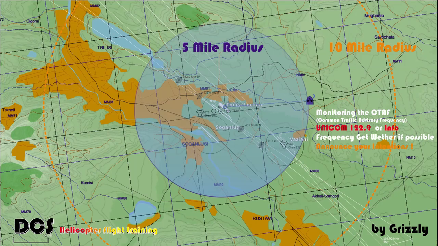10 miles away from the airport, we have to monitor the CTAF frequency, Common Traffic Advisory Frequency. That's the frequency available on uncontrolled airports in the US. And if it's not available, you maybe get the information about weather and traffic from the flight service station as well.